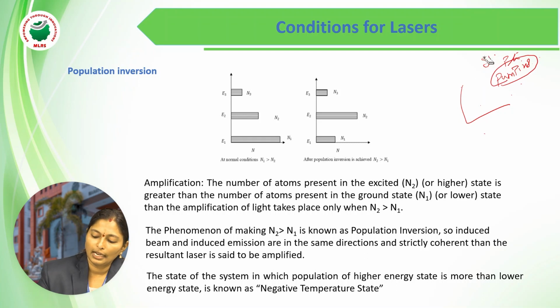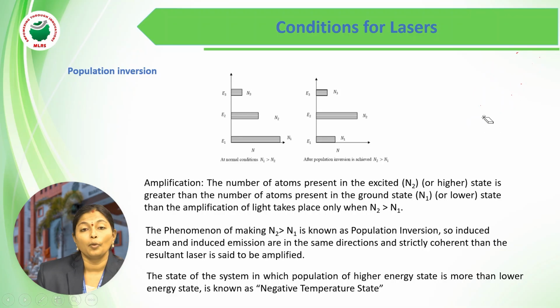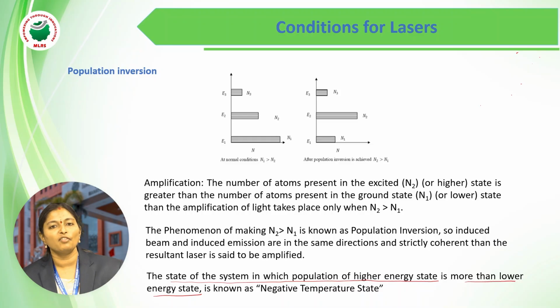Another important thing is the population inversion. That means the state of the system in which the population of the higher energy state is more than the lower energy state. Generally, the number of atoms is higher in the ground level when compared to the excited level.